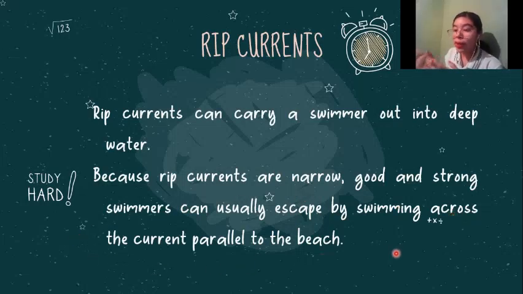So if the swimmer is trapped by this rip current, he or she can swim out of it by swimming parallel to the beach, in a horizontal way, not vertical, because the rip currents are vertical.